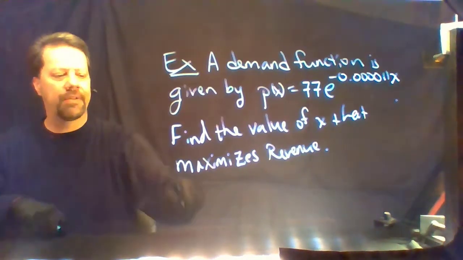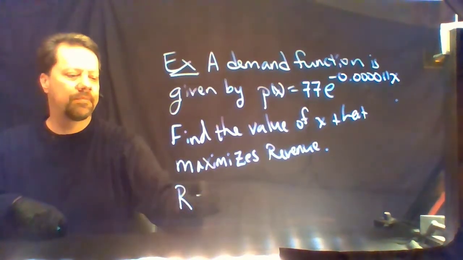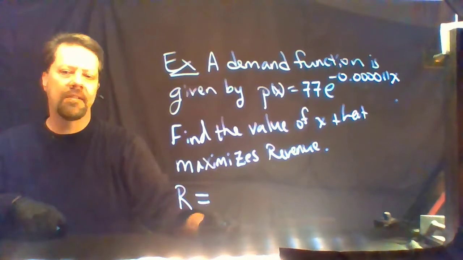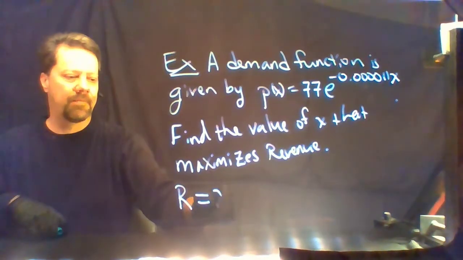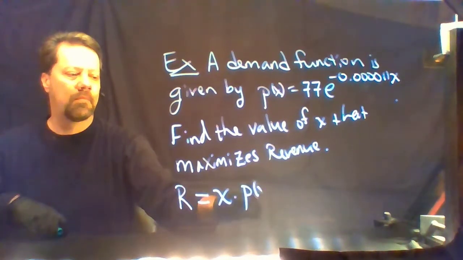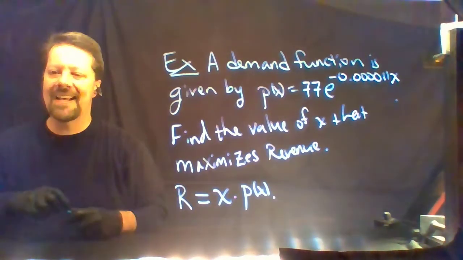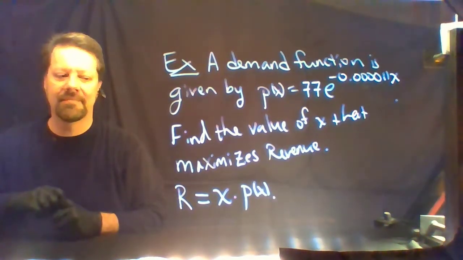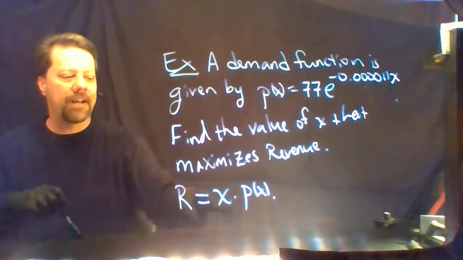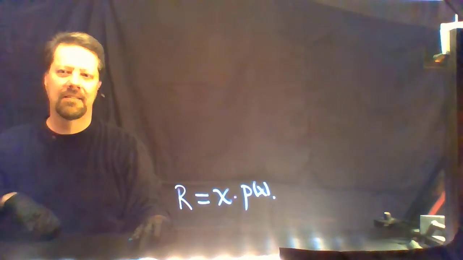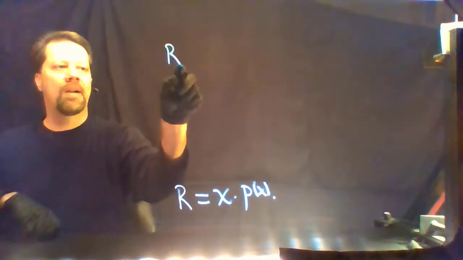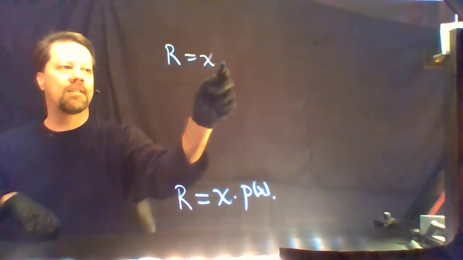The thing about revenue is the price per widget times the total number of widgets. It's X times P of X. And we want to find the value of X that gives us a maximum for this function. First, let's rewrite what the revenue function is.